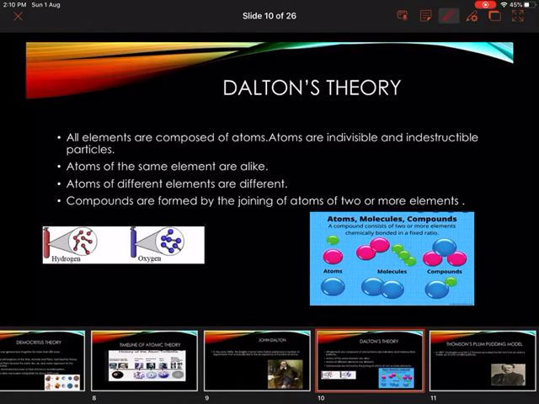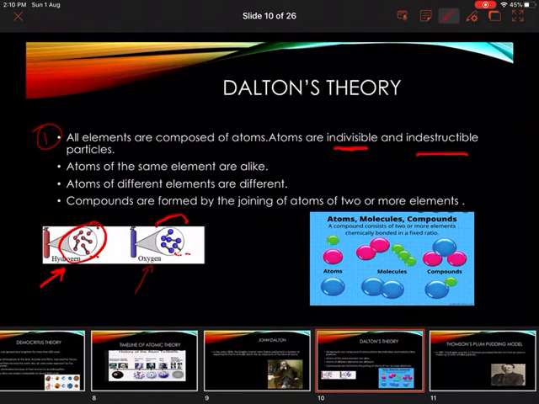He said all elements are composed of atoms. Atoms are indivisible and indestructible. Atoms of the same element are alike. If we take a look at the hydrogen atoms, here depicted in blue, and oxygen atoms, here depicted in red, all the atoms of hydrogen are alike.